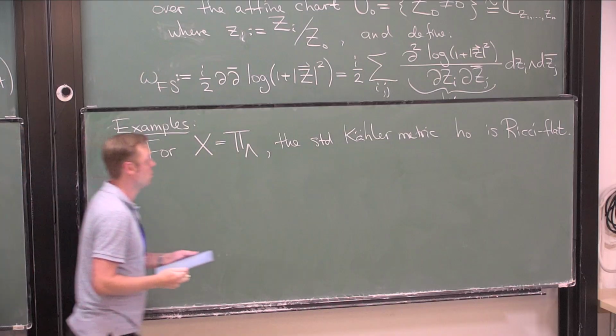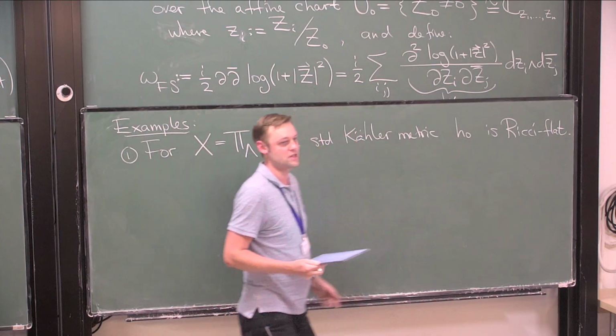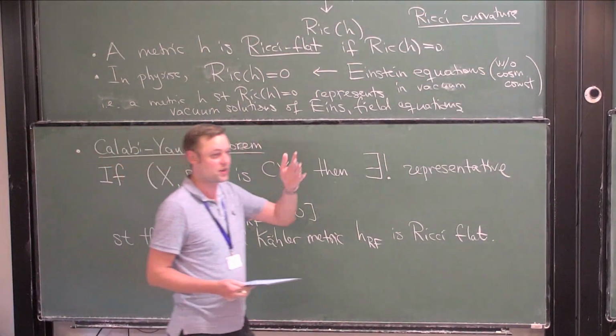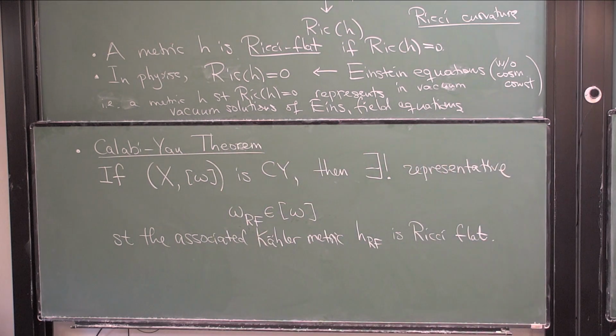One way to see why it's Ricci flat is, if you recall, the formula for H naught is extremely simple. All the coefficients are basically 1, and Ricci flatness is some kind of PDE, so you would expect all the coefficients just vanish when they're being differentiated.